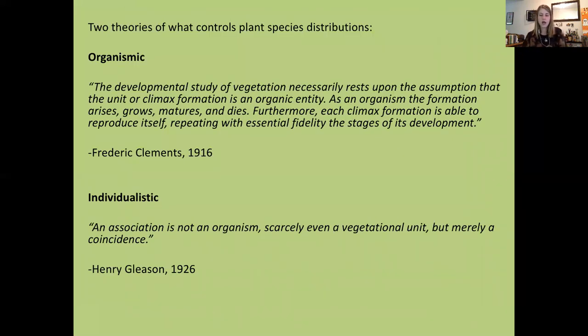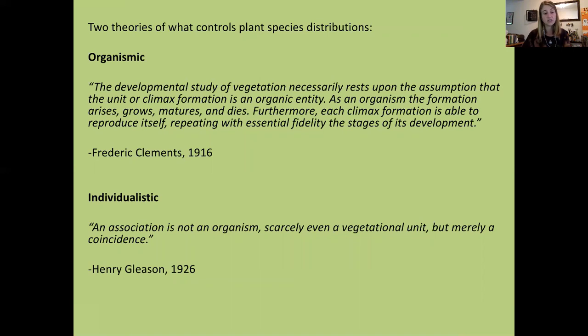So within succession or regeneration, there are two theories that control plant species distributions. The first is organismic, which was created by Frederick Clements, and he basically looks at forest ecosystems as a superorganism that will always have the same species, and as it regenerates through time, it will go through these prescribed steps of different levels of plants and eventually reach a climax community where it will stabilize and stop changing.